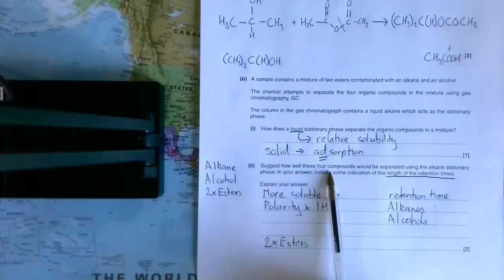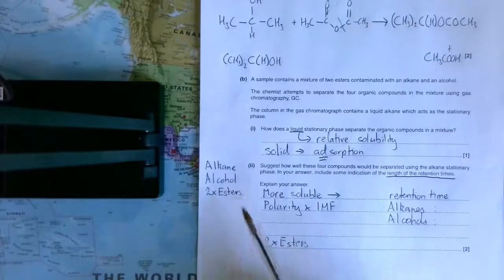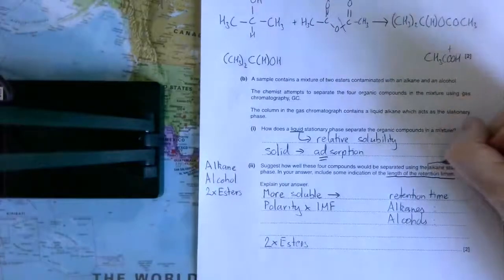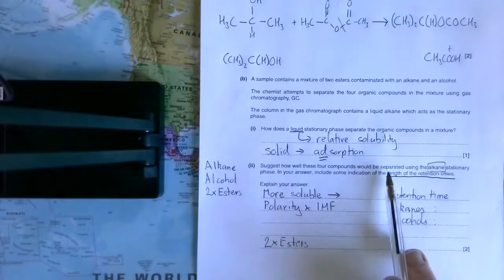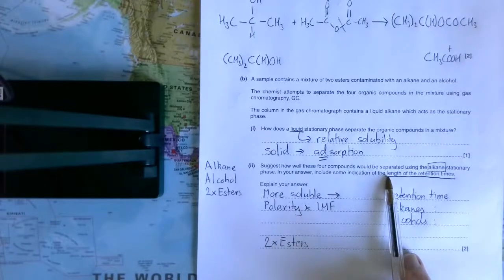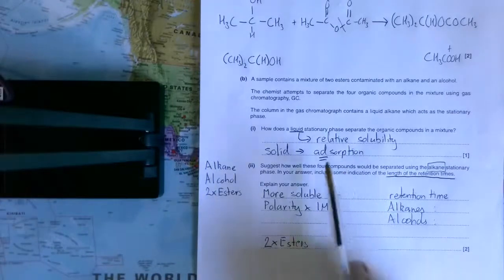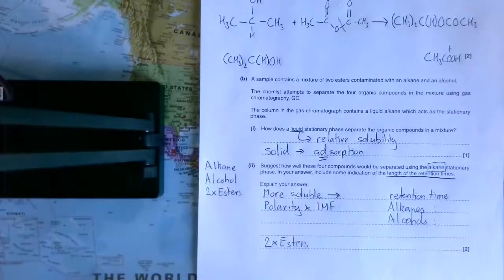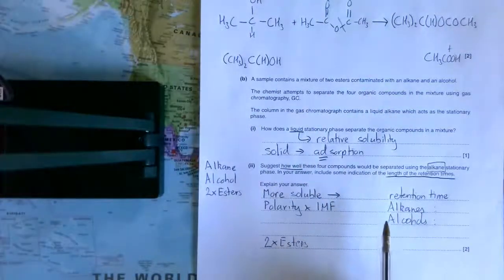Here you're given 4 compounds, an alkane, an alcohol and 2 esters, and it is an alkane stationary phase. You're going to be asked about the length of the retention times, not specifically but loosely, as to how these 4 compounds would be separated, and the key bit, how well they would be separated.